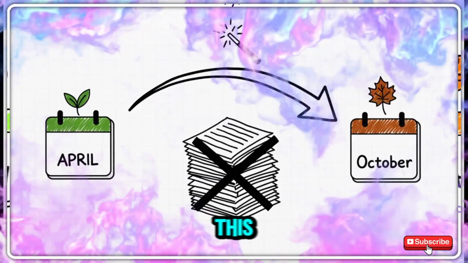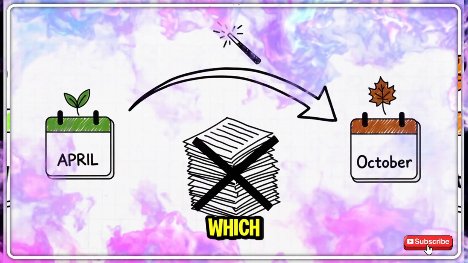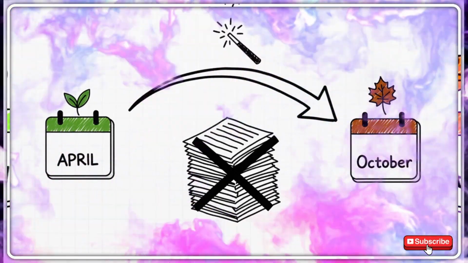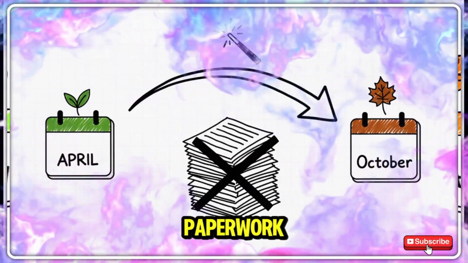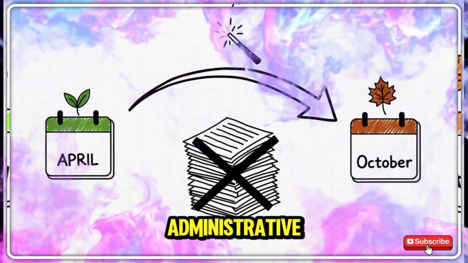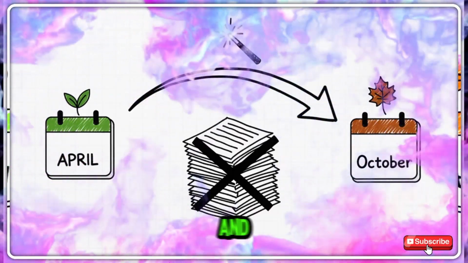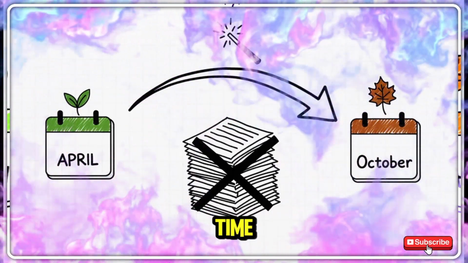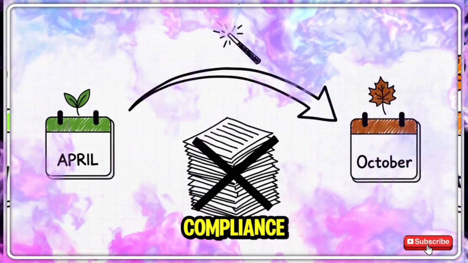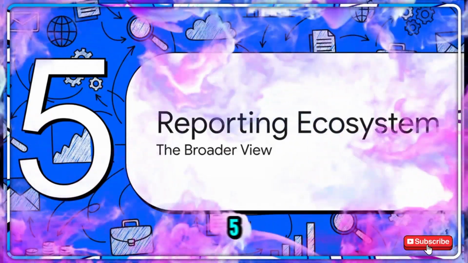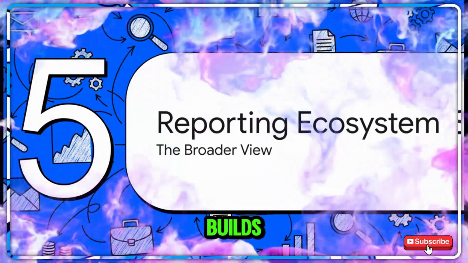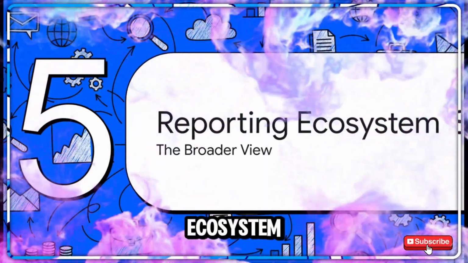Just contrast this with standard tax extensions, which often require proactive, highly scrutinized preliminary paperwork. Understanding this administrative shortcut prevents unnecessary panic, it eliminates redundant paperwork, and it saves significant operational time for anyone auditing their own compliance. Let's move to Section 5 and see how this builds the broader reporting ecosystem.